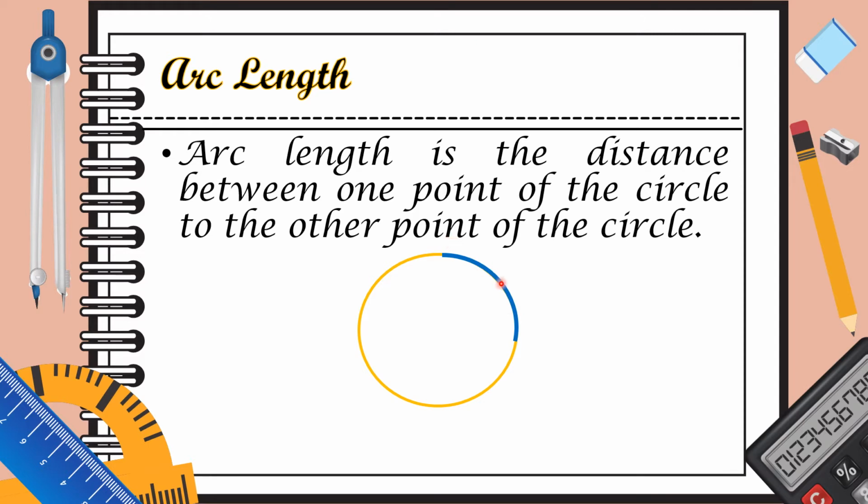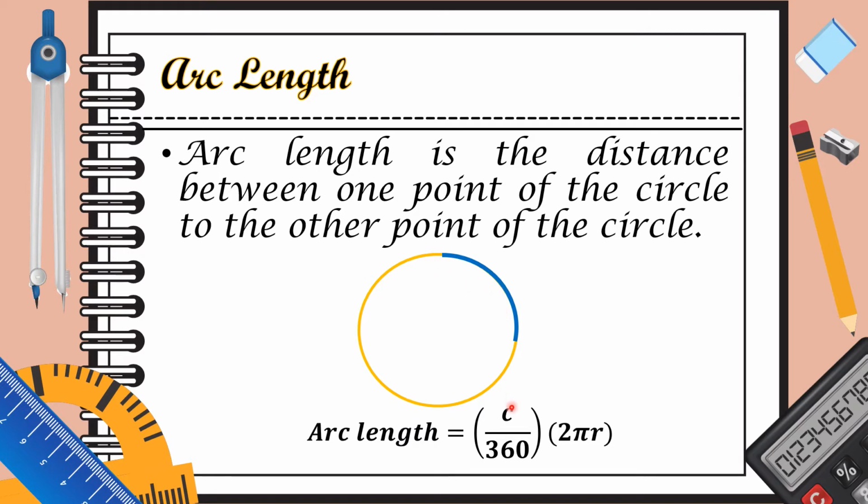So, kinukuha natin yung measurement ng arc ng isang circle. Not in degree measure, but in metric measurement. So, ang arc length natin is equal to C, yun yung degree measure ng ating arc, divided by 360. So, 360 kasi isang buong circle.